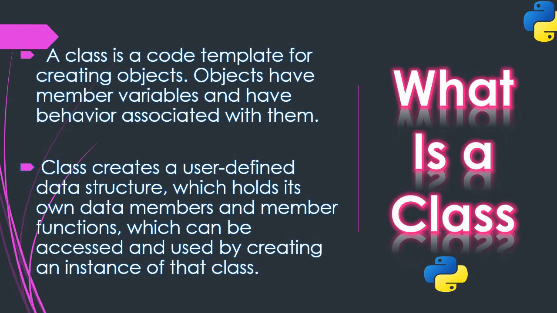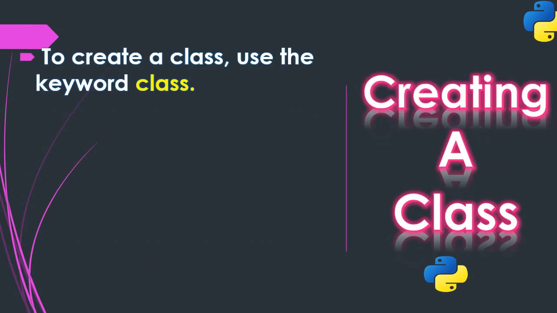Now let's see how to create a class. To create a class, we use the keyword class. We have already studied keywords in Python. You already know that keywords have some predefined task in a programming language. So class is also a keyword that is used to create a class.